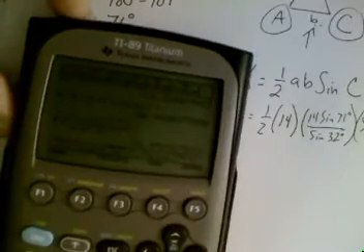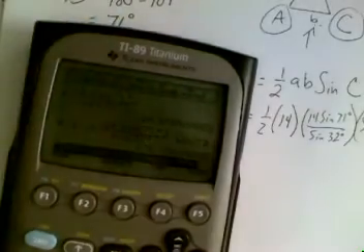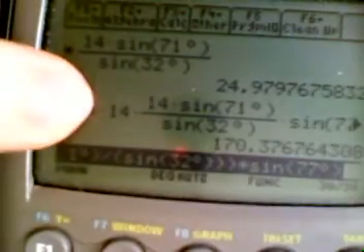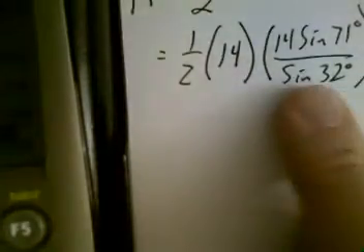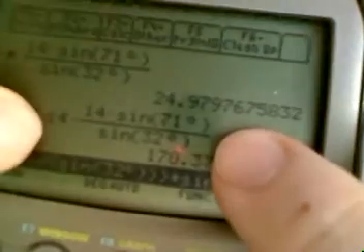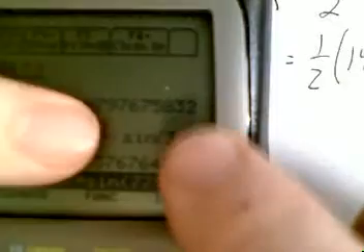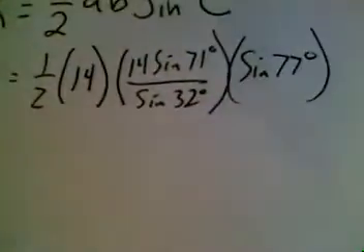I'm going to hit enter in my calculator, and you're going to notice that I have the 0.5 times the 14, times this obnoxious looking thing, times the sine of 77 degrees. And the sine of 77 degrees is the last piece.